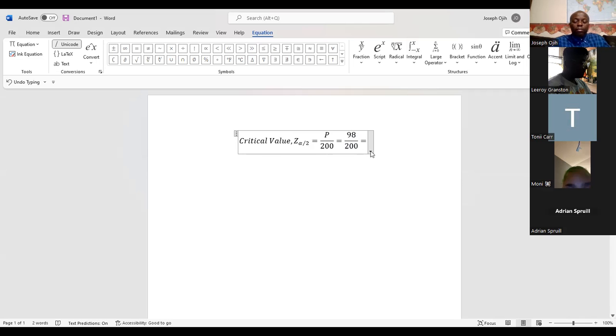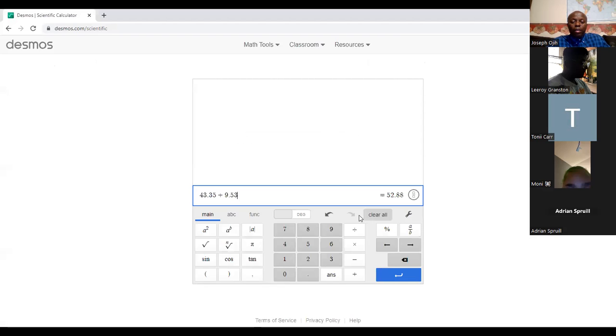On the calculator, 98 divided by 200, we got 0.49. Because the numbers in that table have 4 digits, you make it 0.4900.